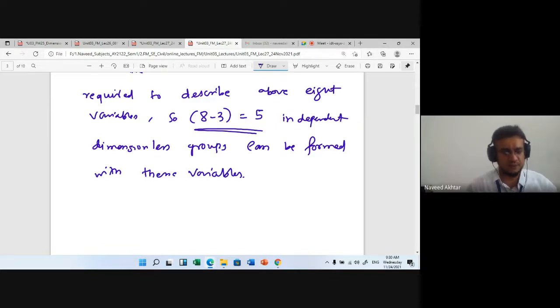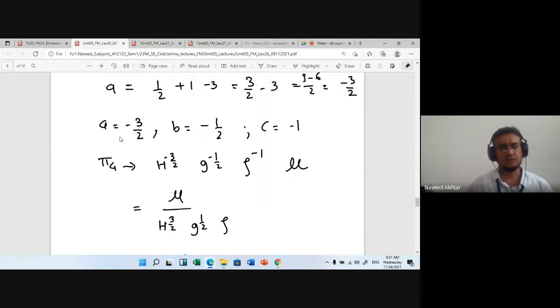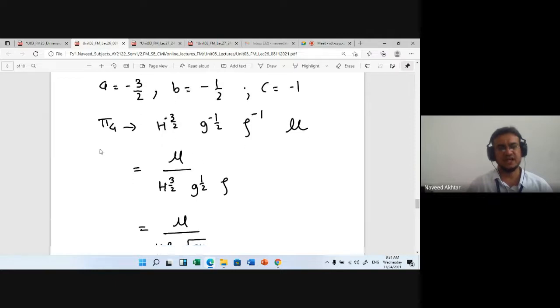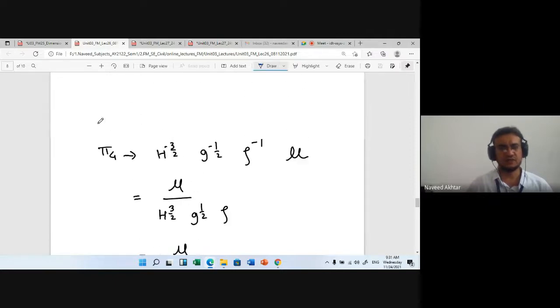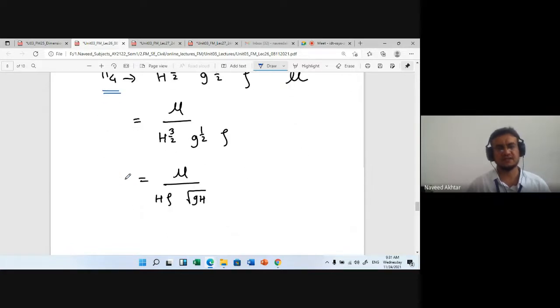Now we'll see the important dimensionless numbers. In the dimensional analysis problem, already we have done this problem on the board, and we have found the four independent dimensionless variables.